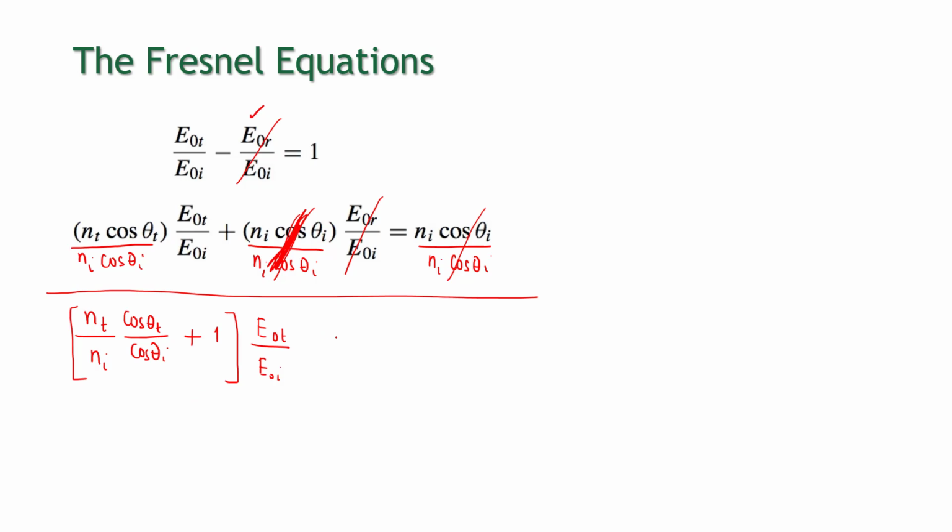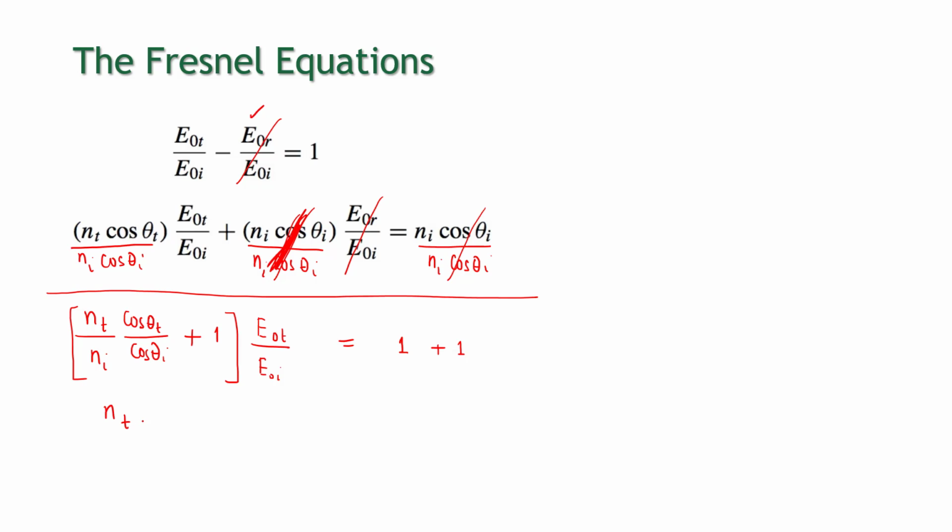And what else we have? We already canceled this one and that one. Now we have this 1 on the right, and then we have this term. This is also 1, right? Plus 1. Is that right? Okay. So then we can simplify this.